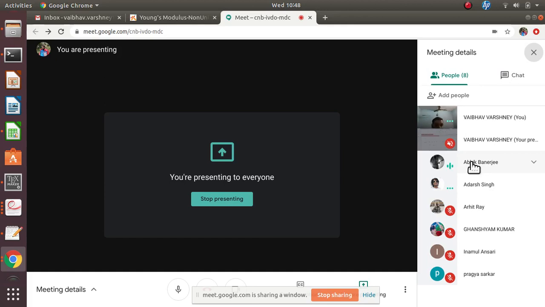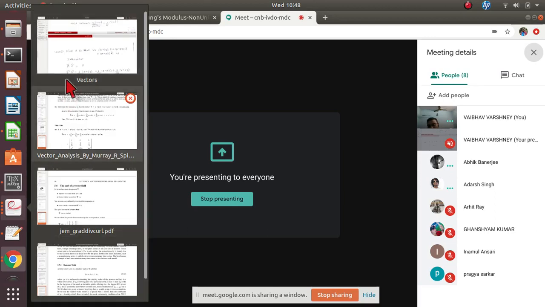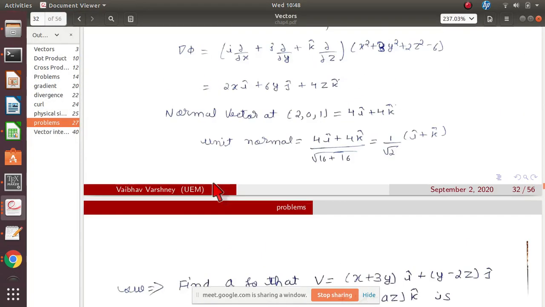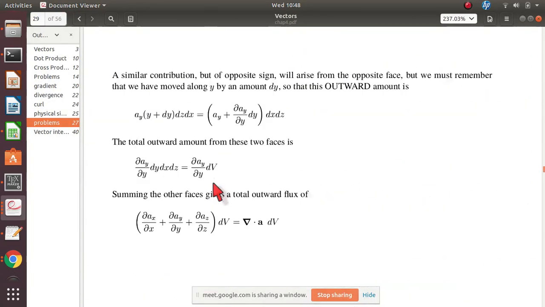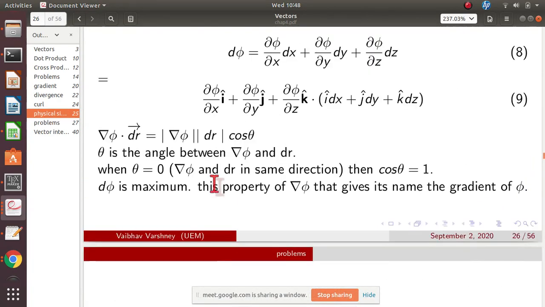Sir, the difference between gradient and curl. Okay, the difference between gradient and curl. The difference in terms of mathematics, you are asking? Both physical and mathematics. Okay. See, physical significance, we just discussed that curl defines the rotation and gradient is the directional derivative, meaning it's a vector in a particular direction, and curl is defining the rotation.